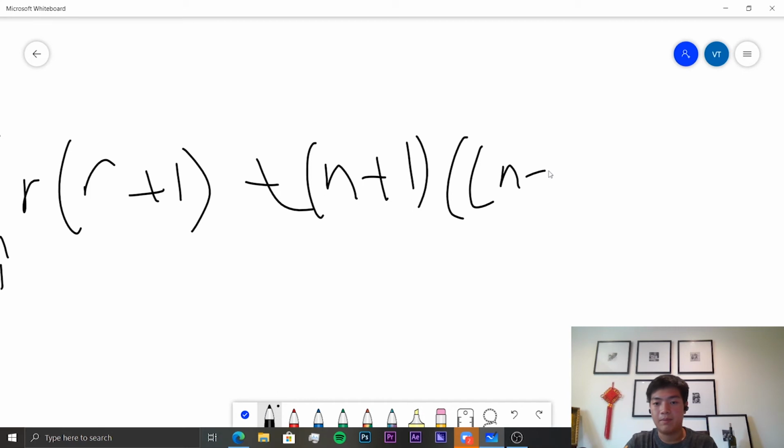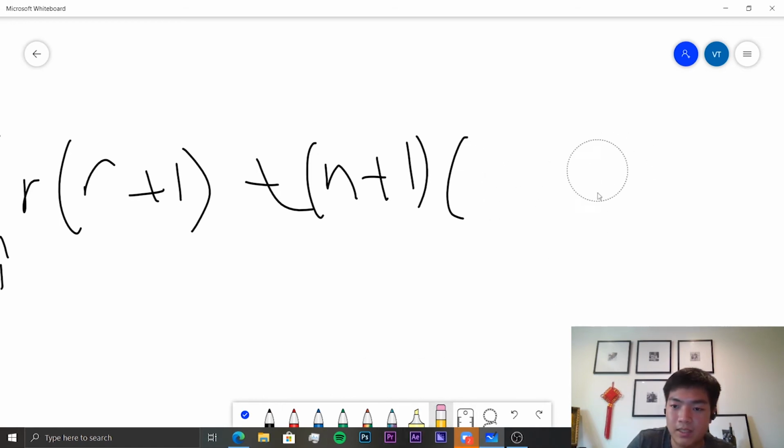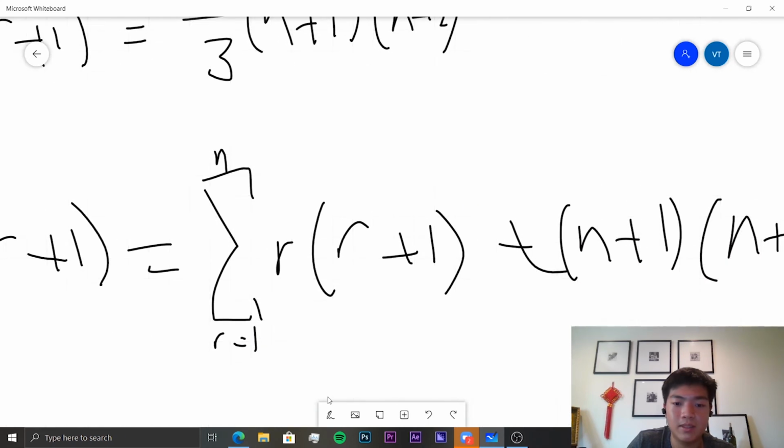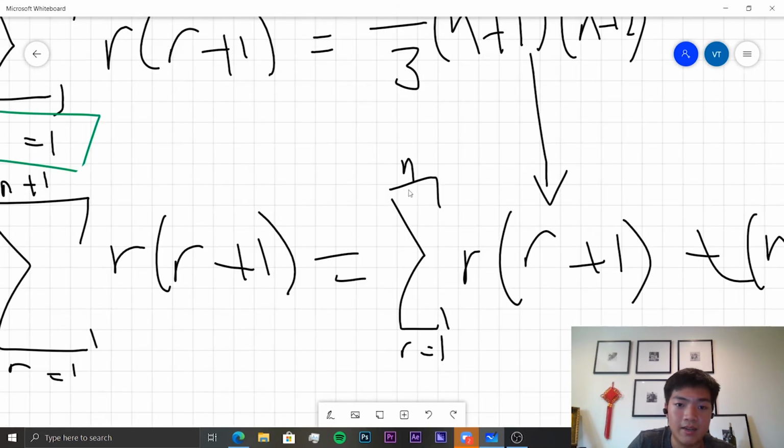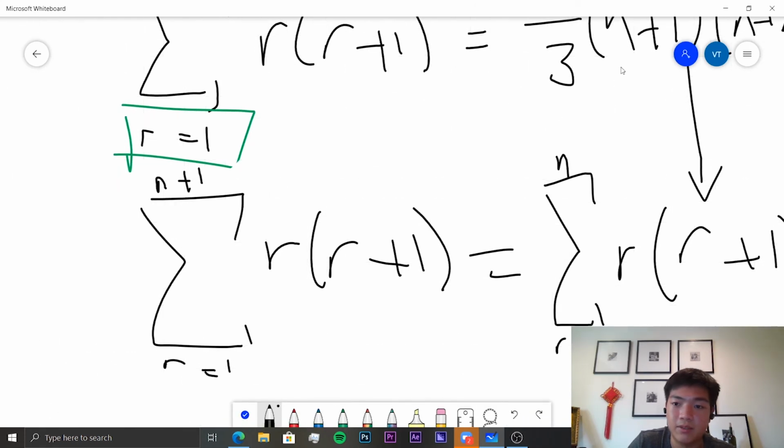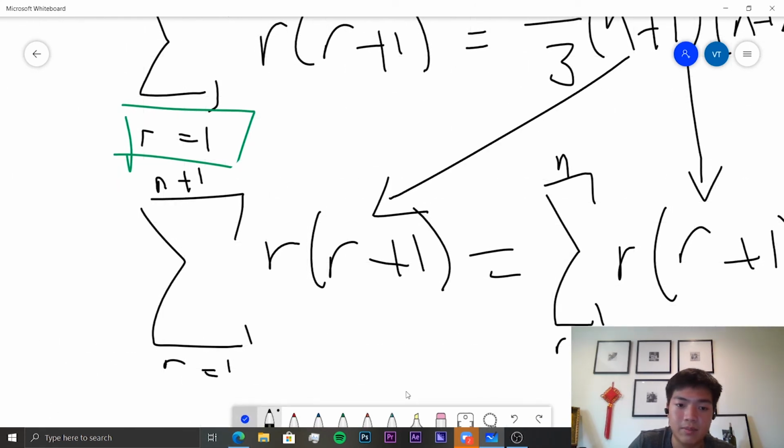So this would be n plus 1 plus 1. But I can't erase. So, I'm going to simplify this. I'm going to say that it's just n plus 2. And so we can substitute this formula from here down into here. And also we want to substitute it into here so we can prove the inductive step.